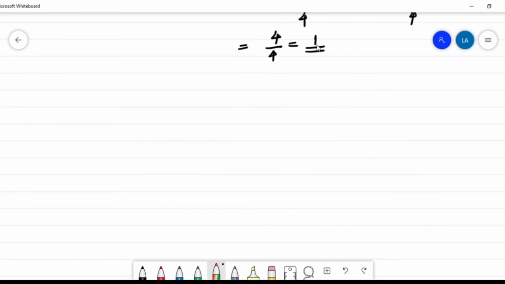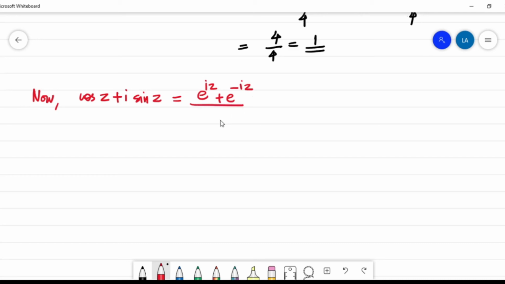Okay. Now think about cos z plus i sin z. This is equal to e raised to iz plus e raised to minus iz divided by 2, plus i into e raised to iz minus e raised to minus iz divided by 2i.